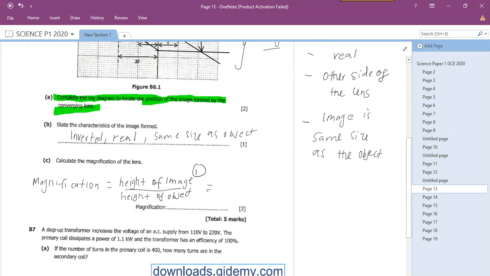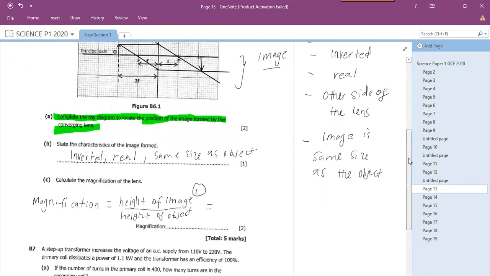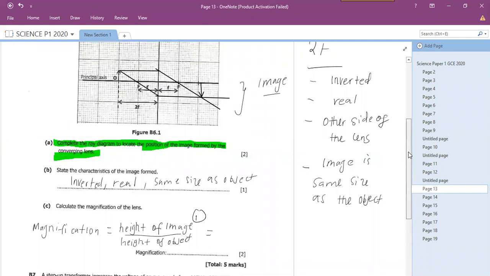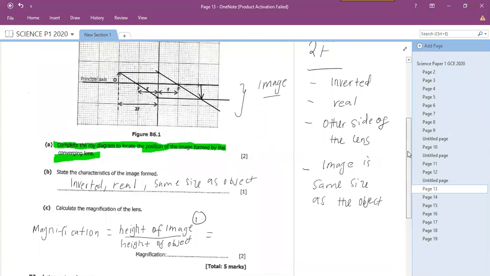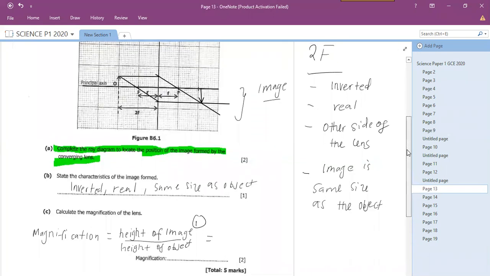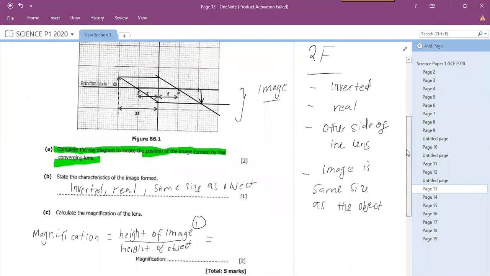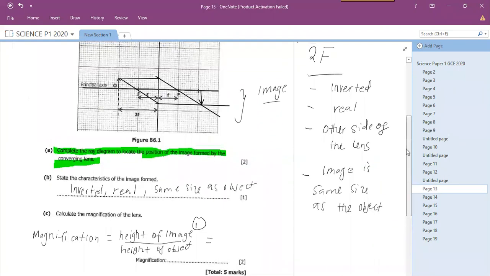Because in our case, if you were in the exam and you get a ruler, you will find that the image and the object size are exactly the same. So let's assume you got your ruler and you measure your object height, the distance from there to there, and you measure your image height, and you discover that your object is 2 centimeters and your image is actually 2 centimeters.